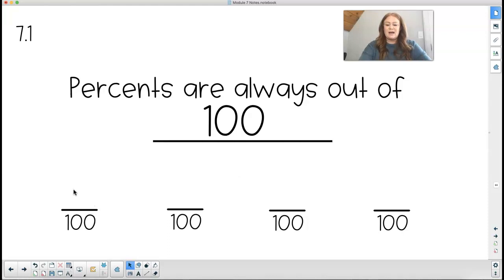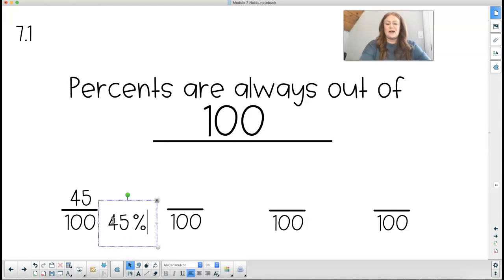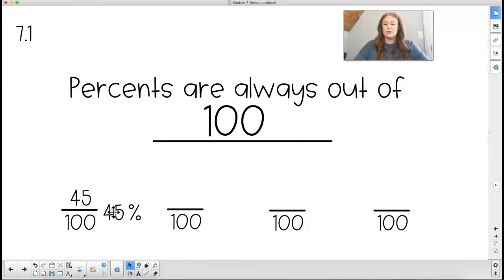So if I have, let's say, 45 students, 45 of them are girls, 45 out of 100. That means I actually have 45% girls. So 45 out of 100 are girls, 45% are girls.